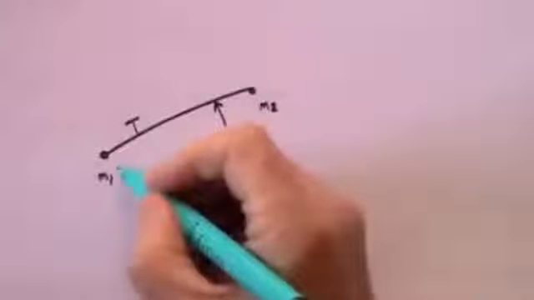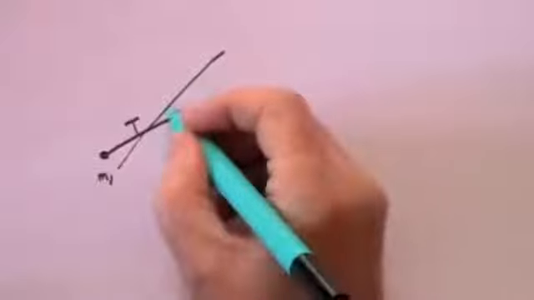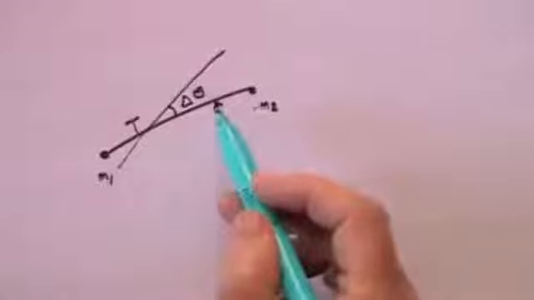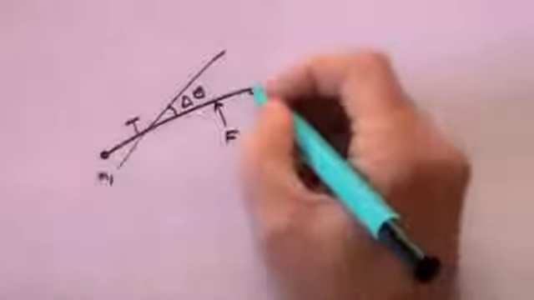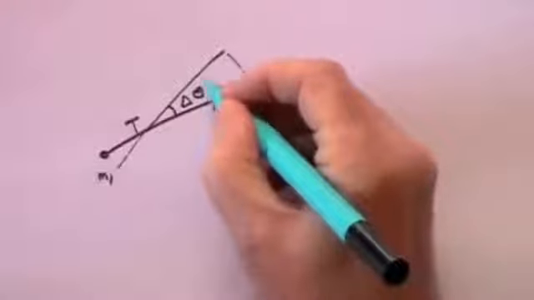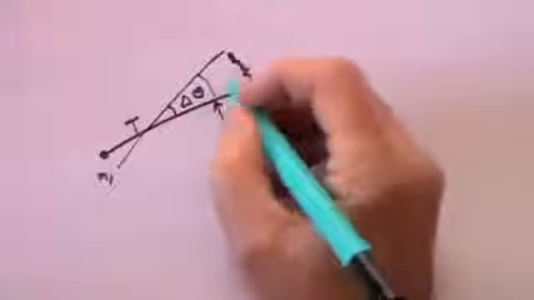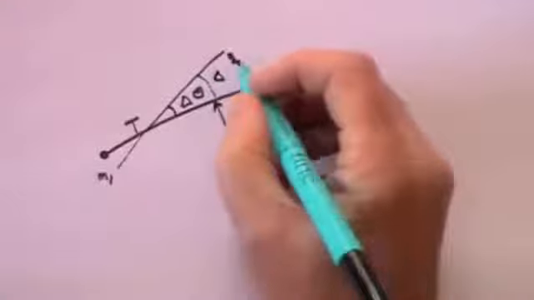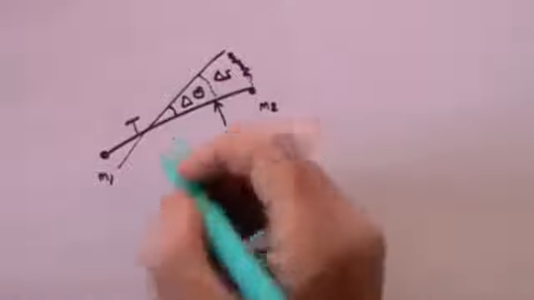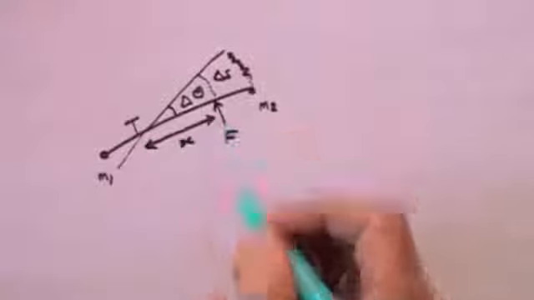And so it will end up something like this. And let's say that I swivel the rod through an angle d theta, and that means that the point at which I apply the force goes around an arc length of delta s. And we'll say that the force is applied at a distance x from the pivot.